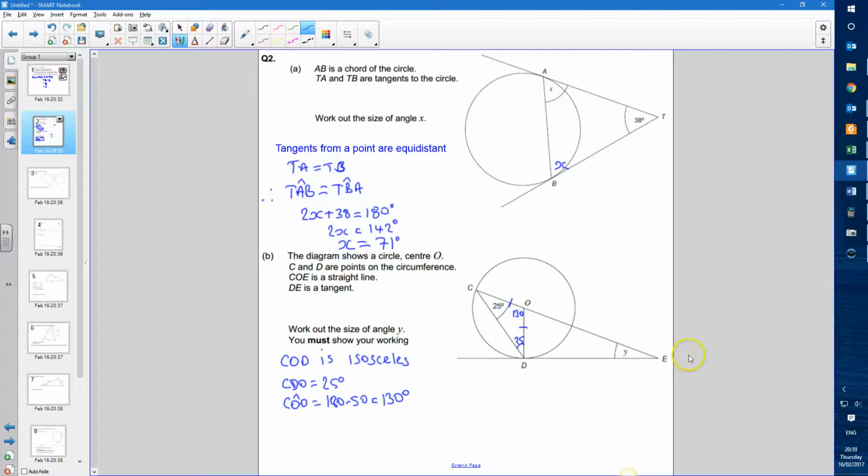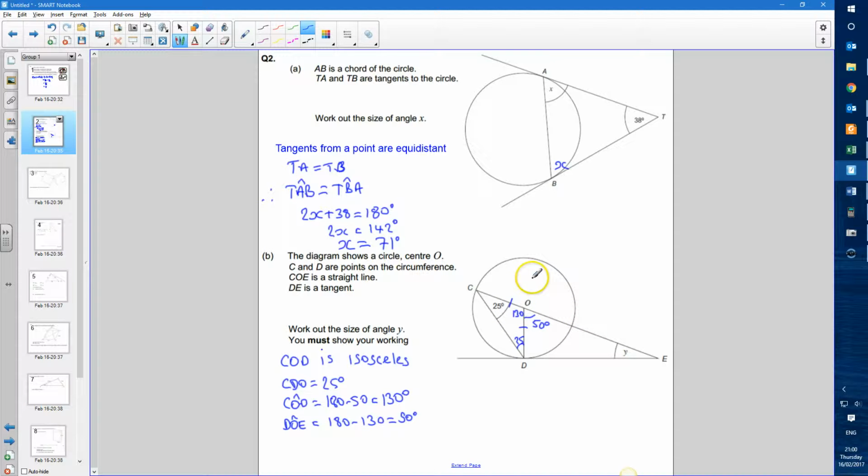Now since COE is a straight line, then EOD and COD must sum to 180 degrees. So that means that angle DOE must be equal to 180 take away 130, which is equal to 50 degrees. So that there is going to be 50 degrees.